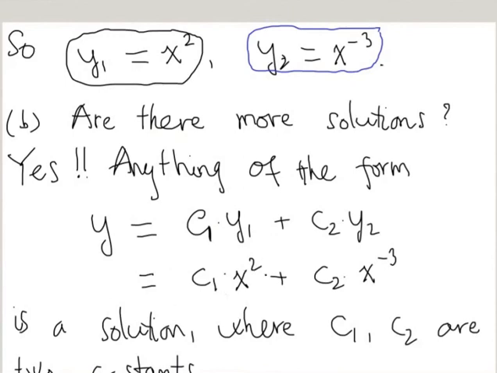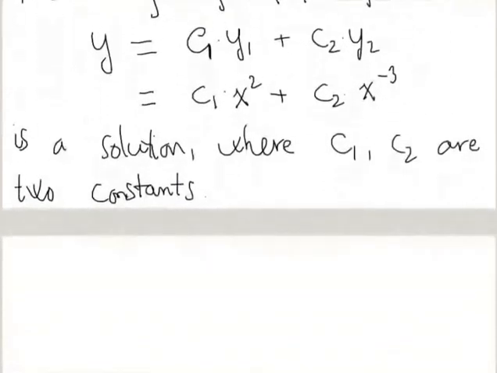And if you learn linear algebra, then this expression is called a linear combination of y1 and y2. Now, in fact, how do we show that? Let me just do a quick calculation here for you to see. Let's take y prime. c1 is a constant, so the derivative of c1 x squared is just 2c1x.